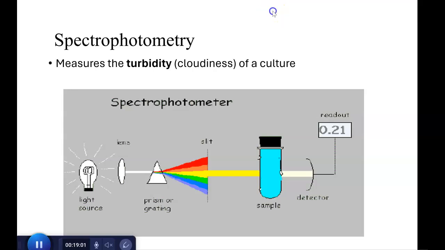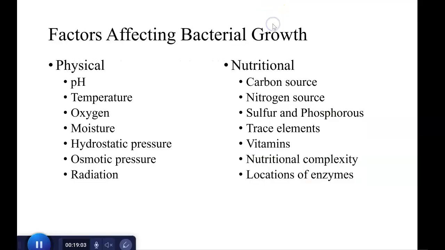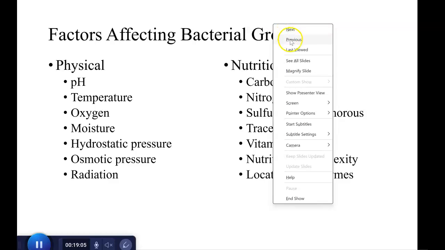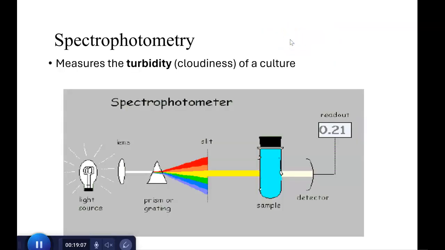This is actually a test that I performed. Oops, I'm just going to go right back here. And this is using a machine that we actually use in chemistry. This is a spectrophotometer. What this does is allow us to look at the turbidity, the cloudiness, and translate that into a numeric value.